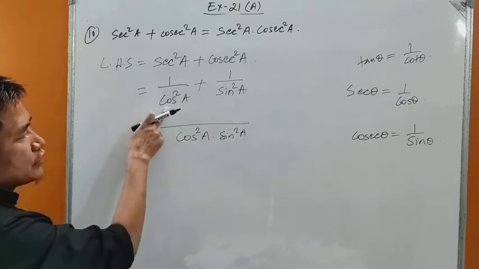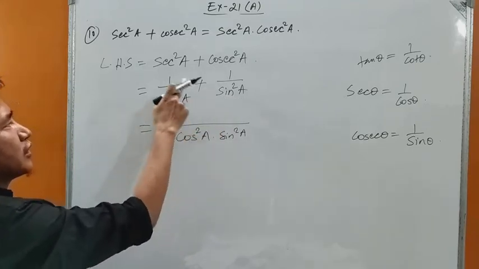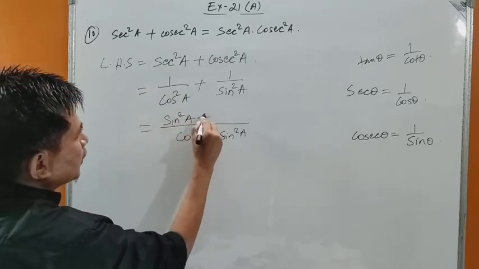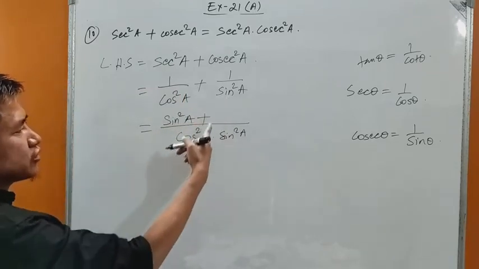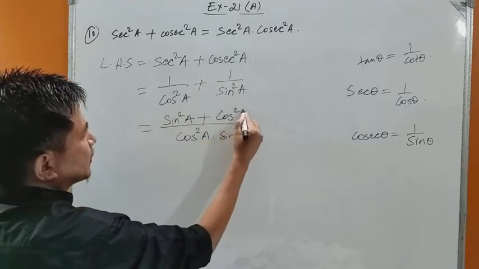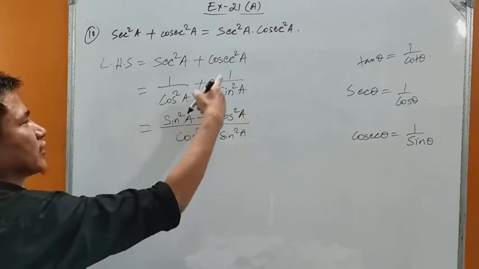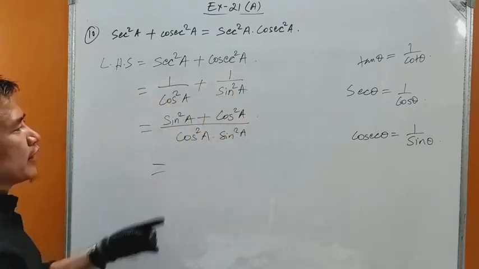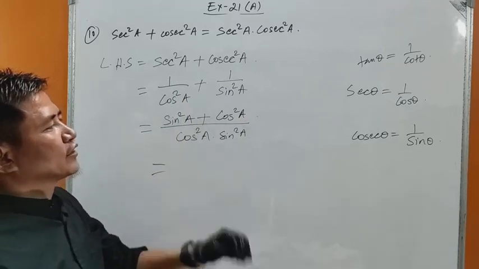So sin square A into 1 is sin square A, plus cos square A into 1 is cos square A. So we have sin square A plus cos square A in the numerator.